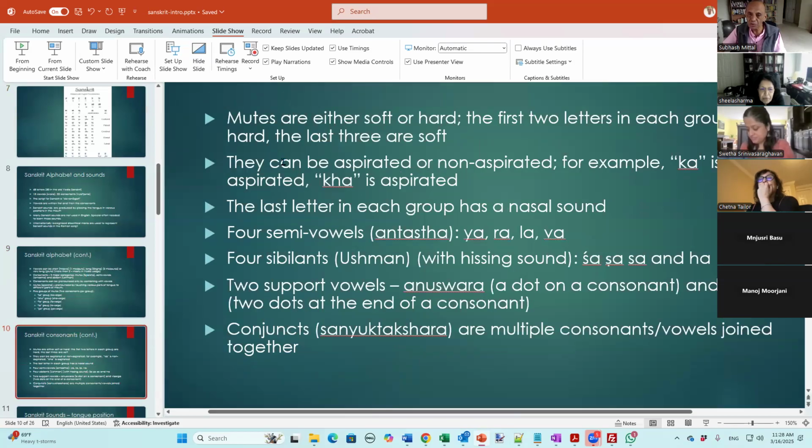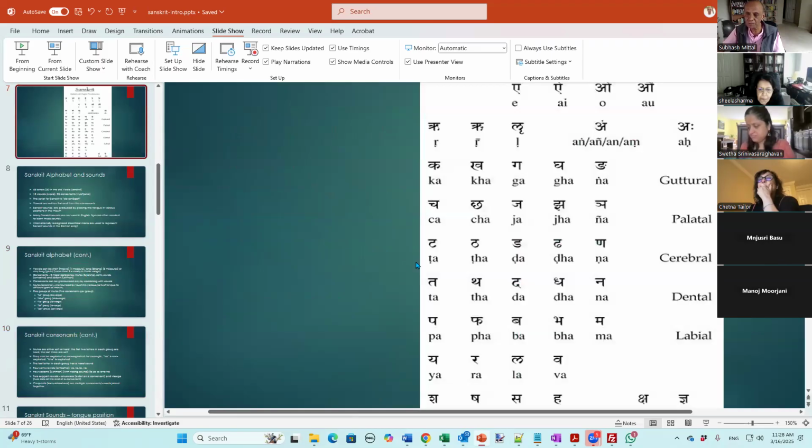Okay, so mutes are either soft or hard. I don't know why they call them soft or hard. What they say is, ka and kha, the first two letters of each of these five groups, are called hard, and the third and the fourth letters are called soft. That's just the way they are described.